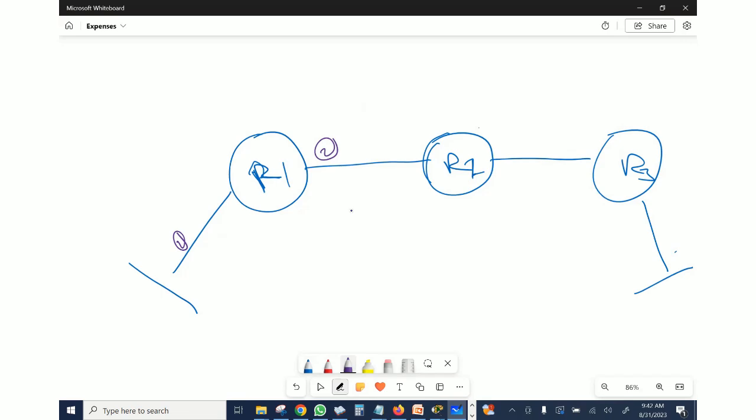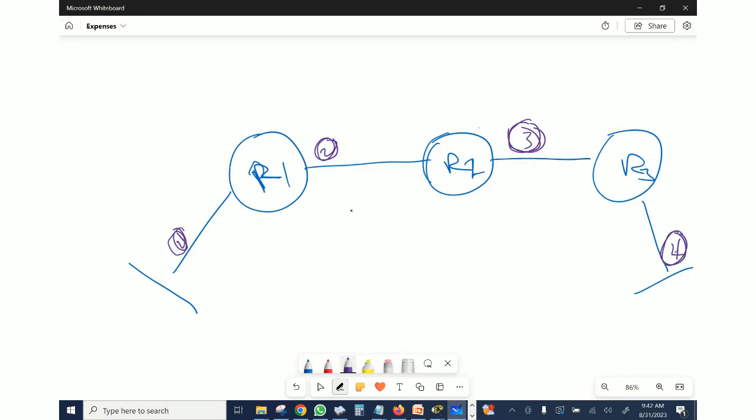Router 2 knows about network 2 and 3. R2 only knows about network 2 and network 3. It doesn't know about network 1. Do you agree? Also, R3 only knows about network 3 and network 4.